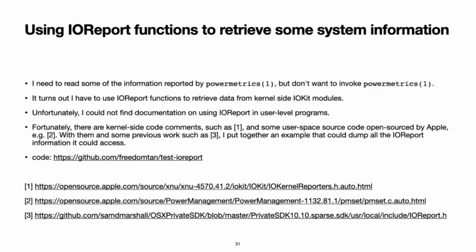Unfortunately, I cannot find documentation on using IOReport in user-level programs. Fortunately, there are kernel-side code comments and some user space source code which is open sourced by Apple. With them and some previous work, I put together an example that could dump all the IOReport information it could access.